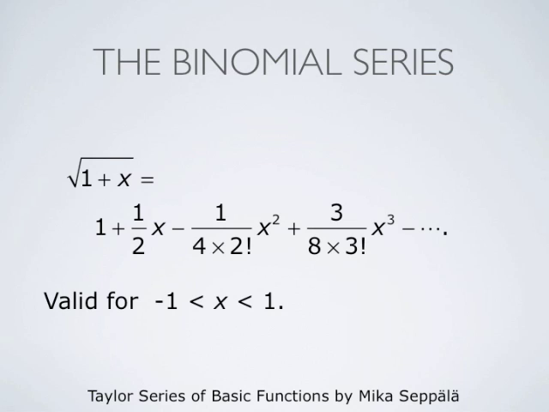For example, square root of 1 plus x is 1 plus 1/2 times x minus 1/4 times 2 factorial x squared plus 3/8 times 3 factorial x cubed minus, and so forth. And this series expansion for square root of 1 plus x is valid for x between -1 and 1.